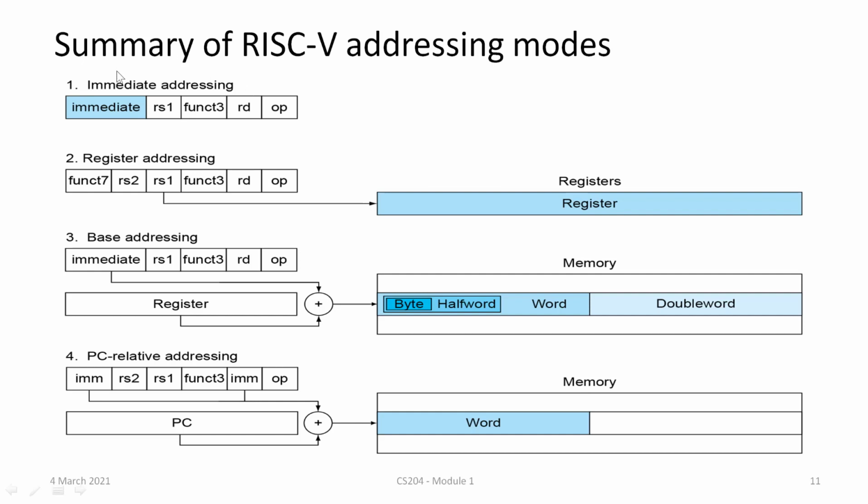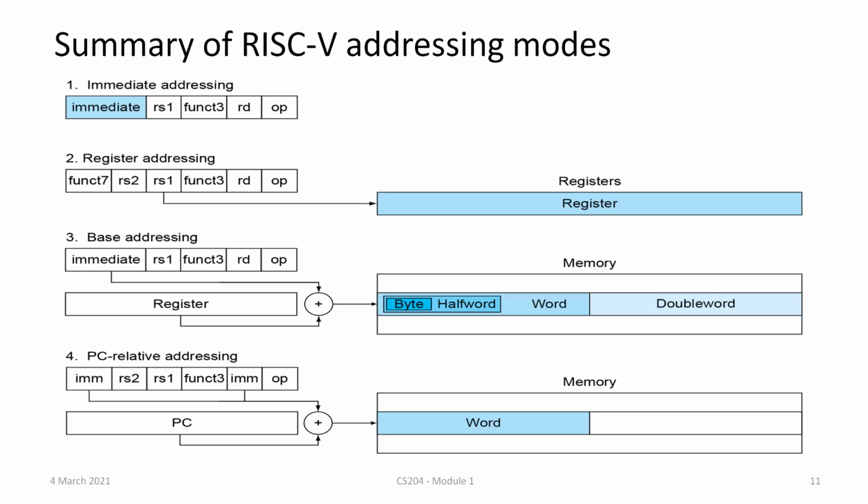They are immediate addressing, register addressing, base addressing, and PC relative addressing. In immediate addressing, the value of one of the operands is readily available in the instruction itself, so there is no concept of the address of that particular operand, but rather the value of the operand is readily available.